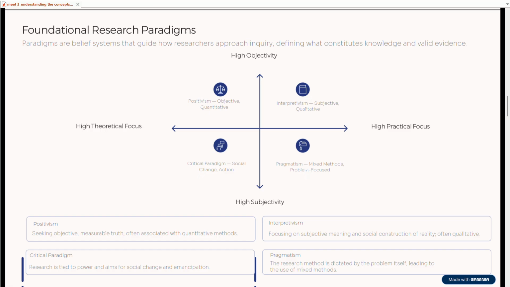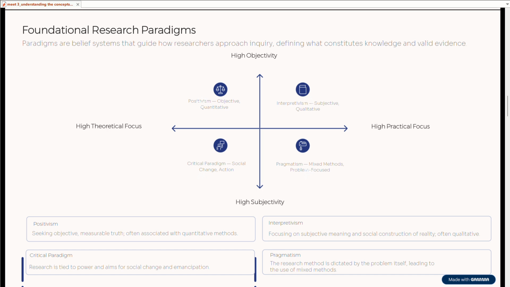And the paradigms here, we have four: positivism, interpretivism, critical paradigm, and pragmatism. We can see here, on the left side, this belongs to the quantitative, which has the paradigms of positivism, objective, and the critical paradigm, social change action.